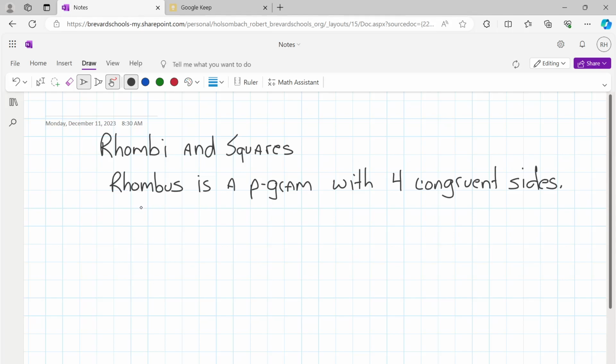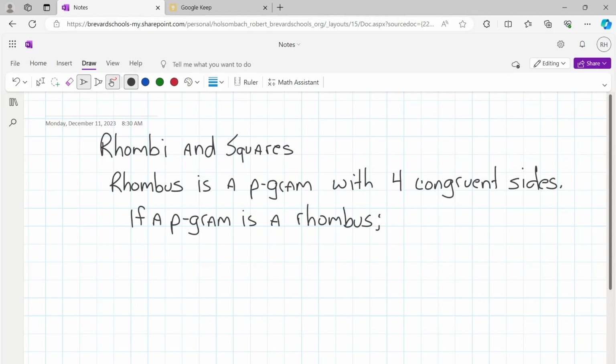And we're going to say if a parallelogram is a rhombus, we've got some properties associated with these rhombus.